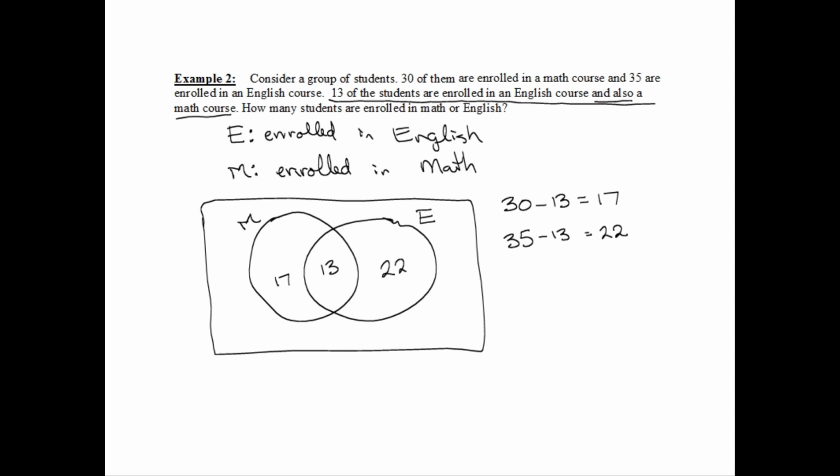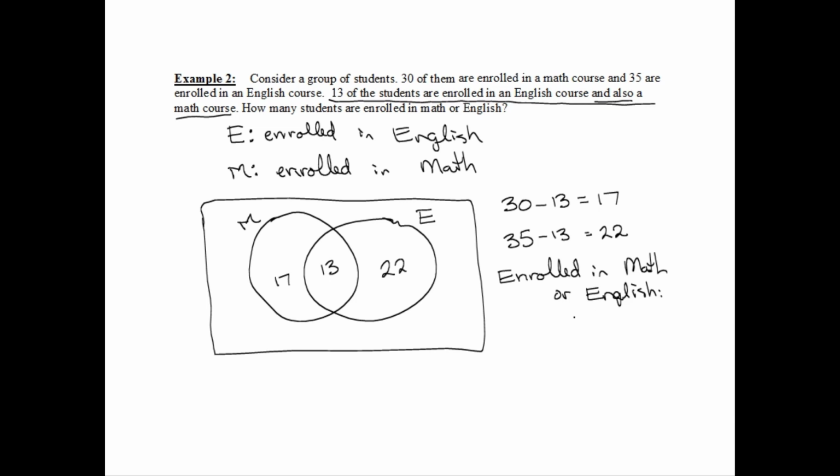How many students are enrolled in math or English? Don't think of this or as being an exclusive or. This or means that it's possible to be in both. So when you see math or English, you should think to yourself math or English or possibly both.